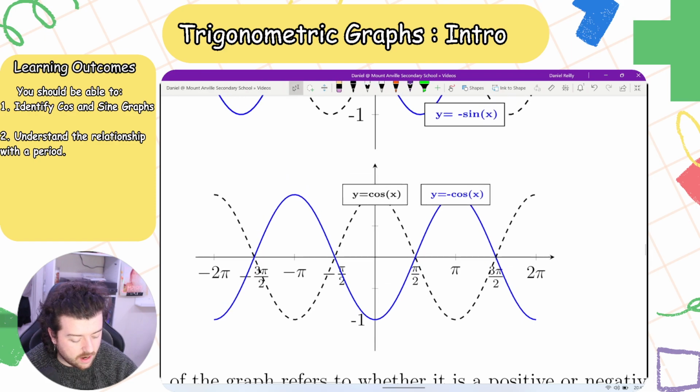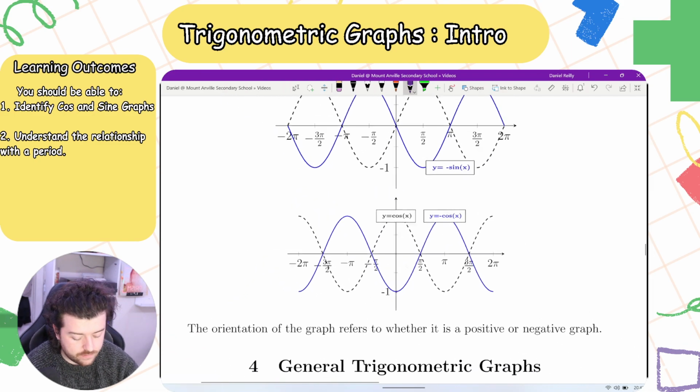Then same here for the cosine graph. The dotted one is cosine. I have minus cosine. I start at 1 for my regular cosine, but for minus cosine I'm starting at minus 1. So if I have a negative cosine, I'm always starting at my minimum point. And then the graph looks relatively the same.